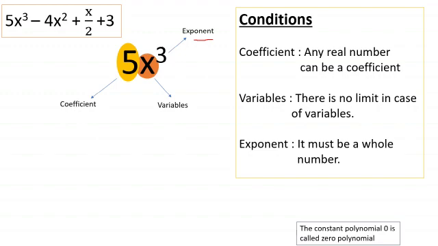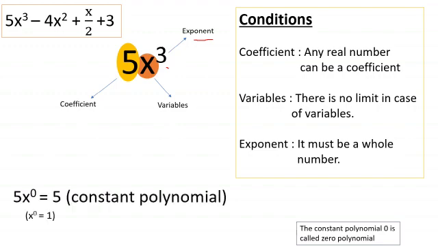So what will happen if the power or the exponent is 0? Say if we take the same term 5x cubed, if we replace 3 by 0, so 5x raised to the power 0, we get 5. This is known as a constant polynomial.